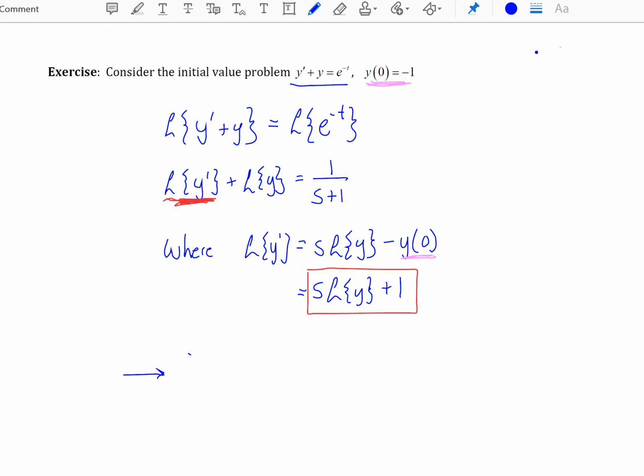So here we'll have s times the Laplace of y plus 1, plus the Laplace of y, has to equal 1 over s plus 1.